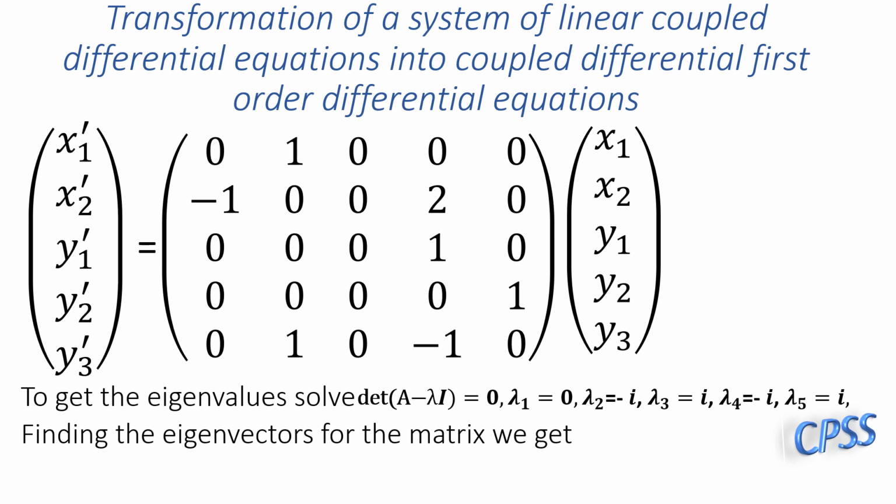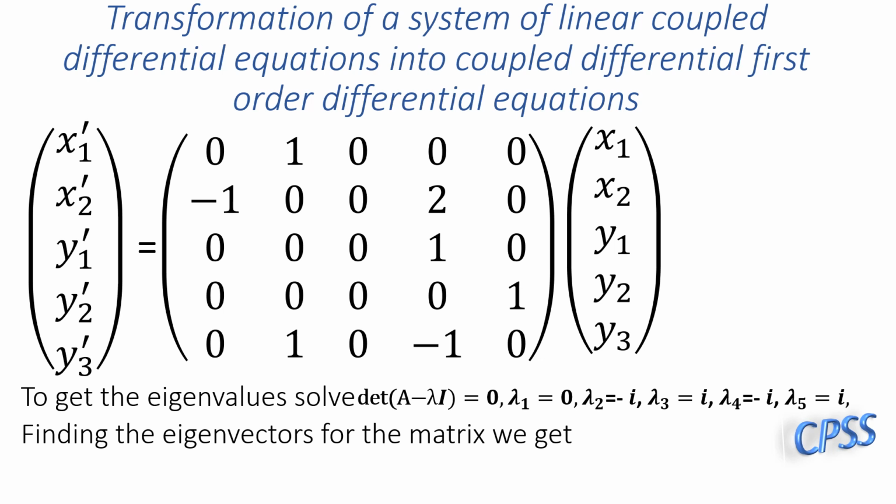Okay, we calculate the eigenvalues for the coefficient matrix. We get 5 eigenvalues because this is a 5 by 5 matrix. In this case, we get complex values, and then we get conjugates. If you get an i, you should be getting a minus i, some conjugate of the complex number.